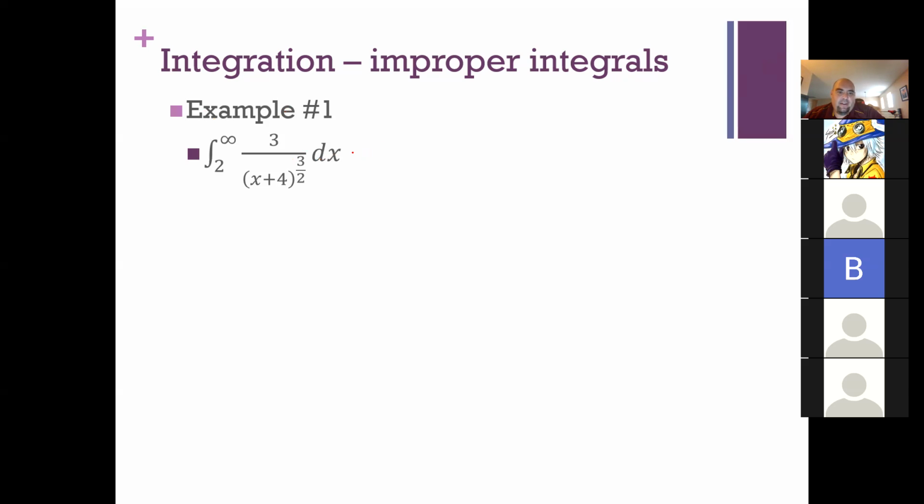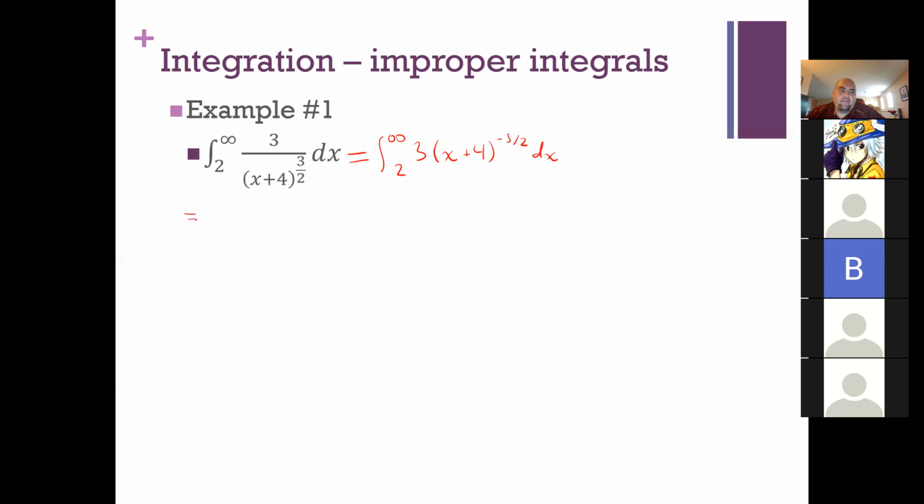So I want to integrate this, so what's something I should do first? Or maybe you don't do this because you don't need to, but I think it makes it a little easier to digest.